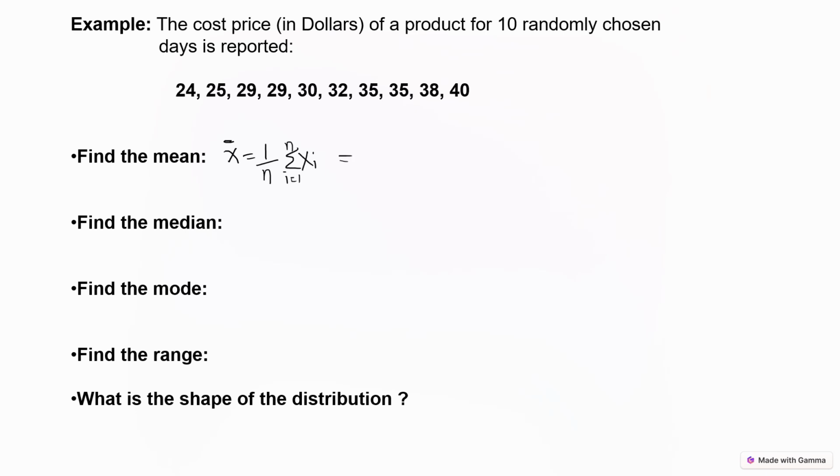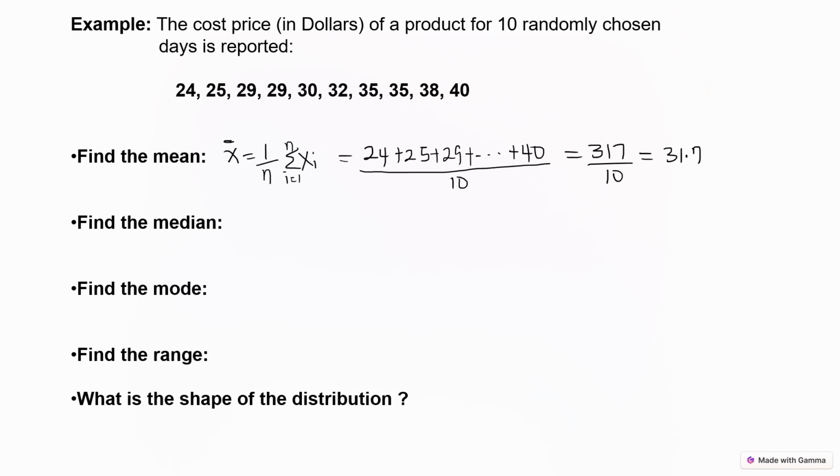In this case, it means the addition of everything you have, which is 24 plus 25 plus 29 up to the last value, which is 40, dividing this by the number of data points, which is 10. If you sum up the numerator, you should have 317 over 10, which is 31.7.